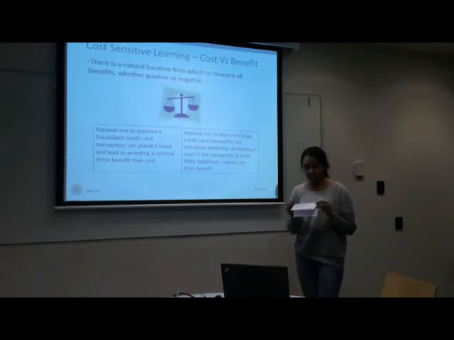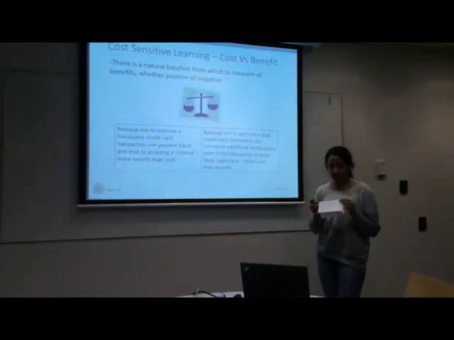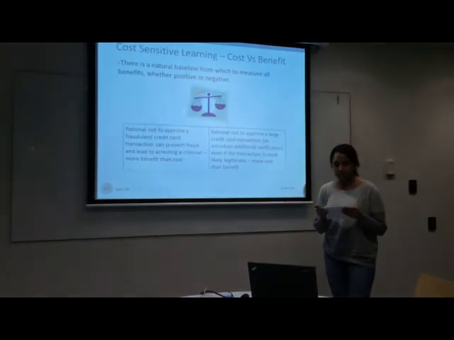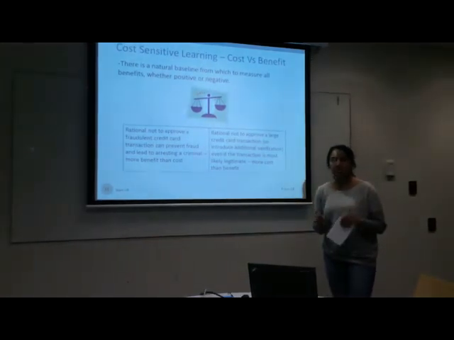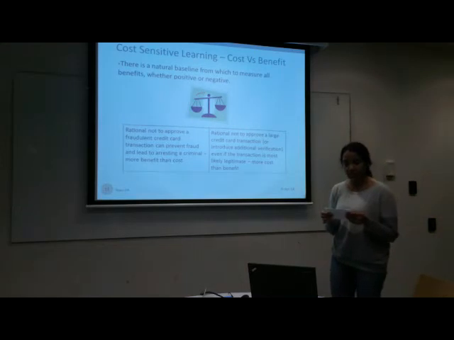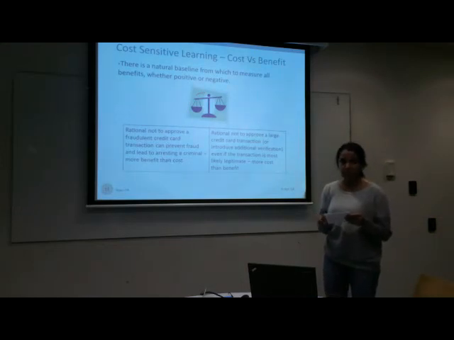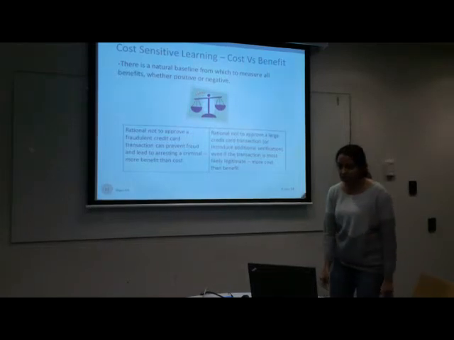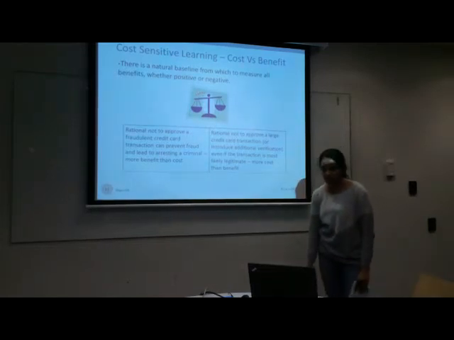The baseline is the state of the agent before it takes a decision regarding an example. After the decision is made, if it is better off, then its benefit is positive, and otherwise its benefit is negative. Now look at the example of a credit card transaction.